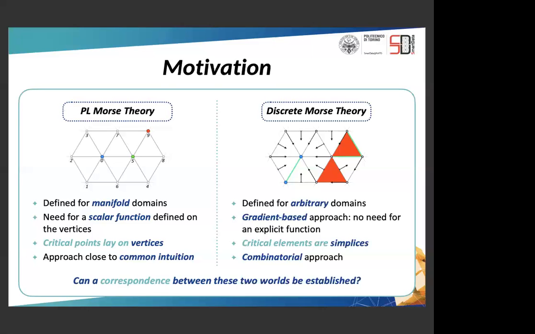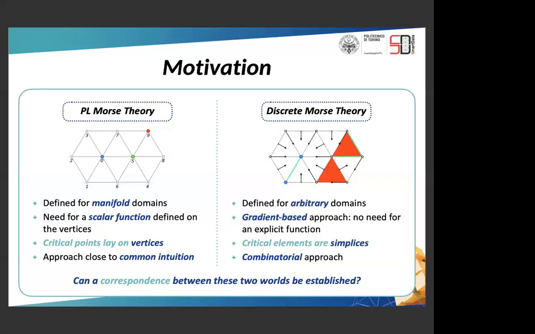For instance, if we consider maximum points on the left depicted in red, we have a single maximum on the left image, while we have two different maximum simplexes depicted by the two red triangles on the right.